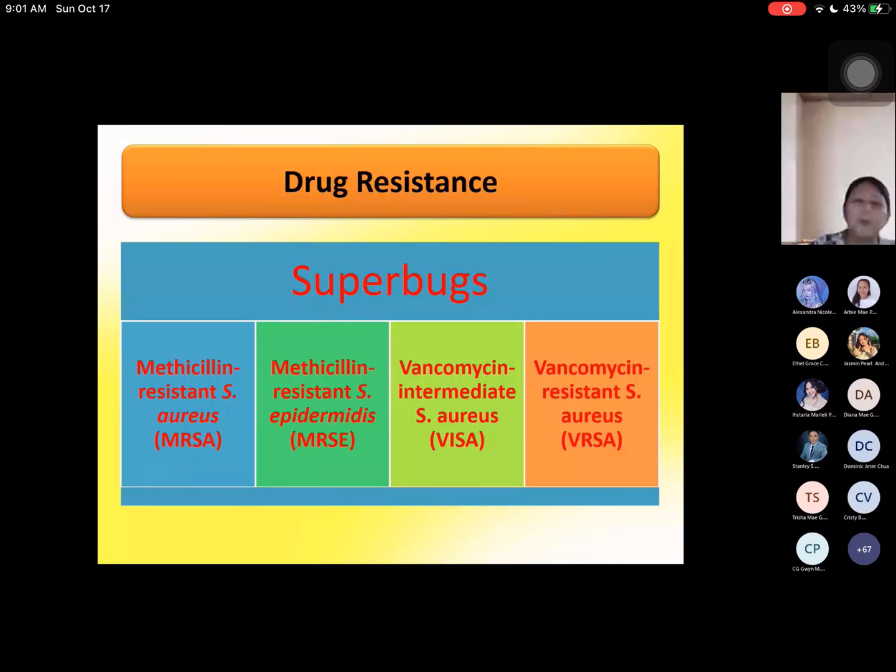We have the methicillin-resistant Staphylococcus aureus or the MRSA, the methicillin-resistant Staphylococcus epidermidis or the MRSE, and then we have the vancomycin-intermediate Staphylococcus aureus or the VISA, and then we have the vancomycin-resistant Staphylococcus aureus or the VRSA.